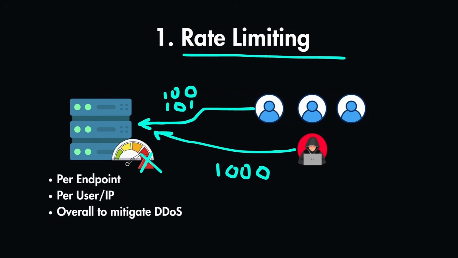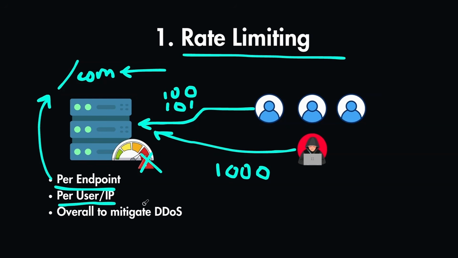And these rate limits can be set per endpoint. For instance, let's say you have a /comments endpoint, and here they can send a request to either create a comment or fetch comments. You can set the limit at the endpoint level, so this comments endpoint will be set to some strict number of requests per minute. You can also set it per user or IP address.